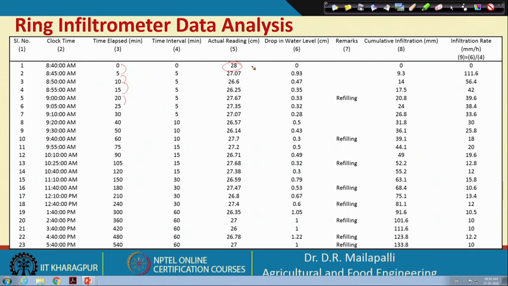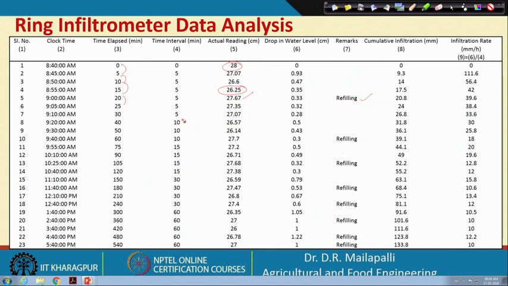We filled the ring, and then we observed the level falling about 2 centimeter, to around 26.25. Then we again added water and brought it up to 27.67; this is the refilling.